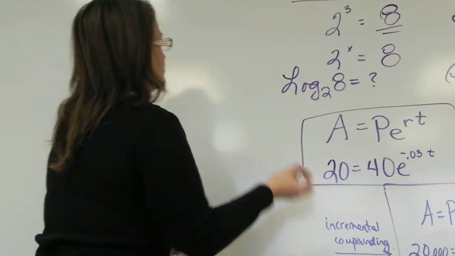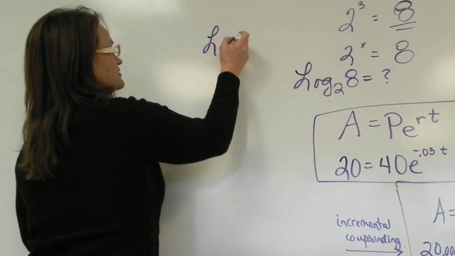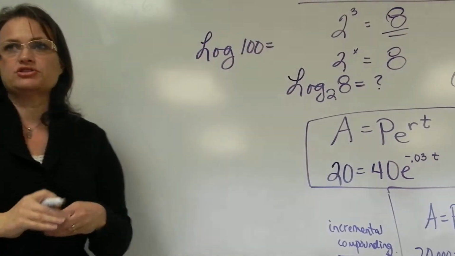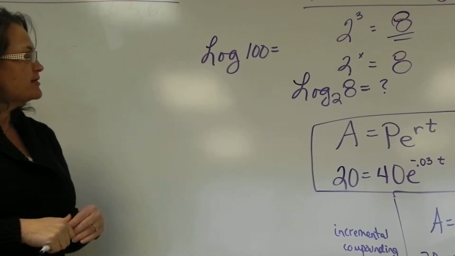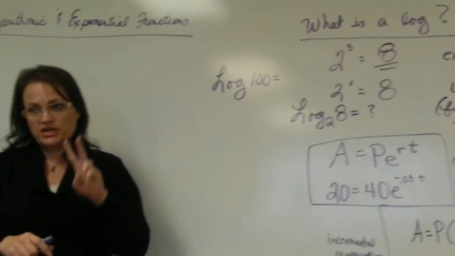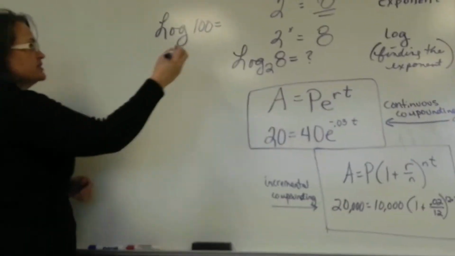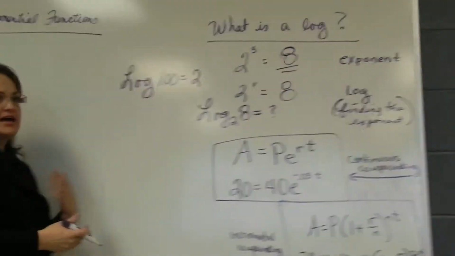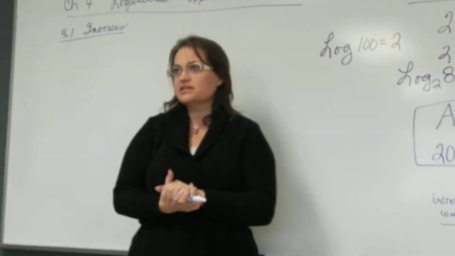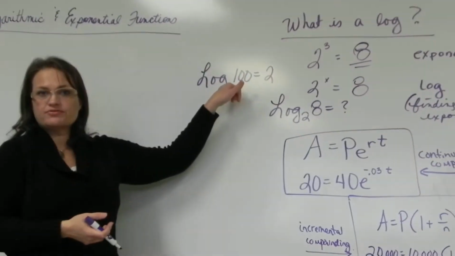On your calculator, you have a log button. If you hit log 100, and if you have your calculator, do that and see what you get. You should get 2. Log 100 is 2, and that's because that basic calculator button is base 10. 10 is understood if you don't have a different number labeled.